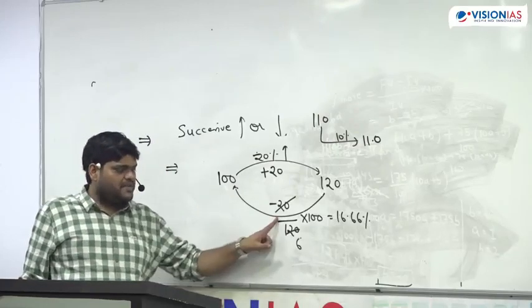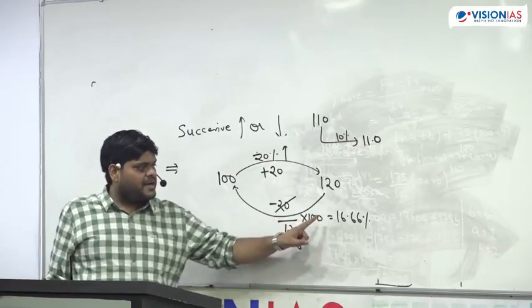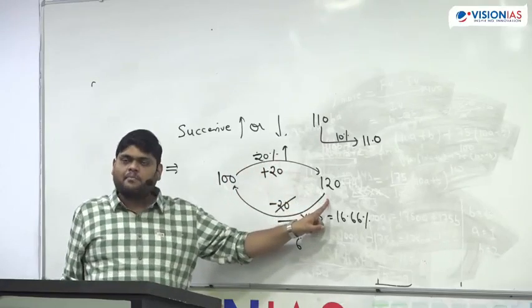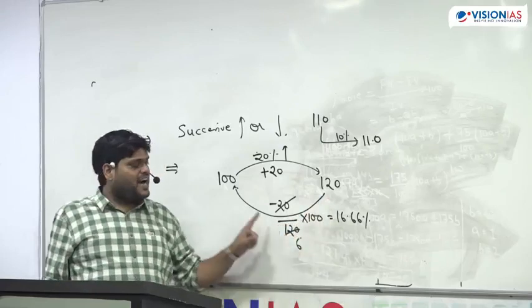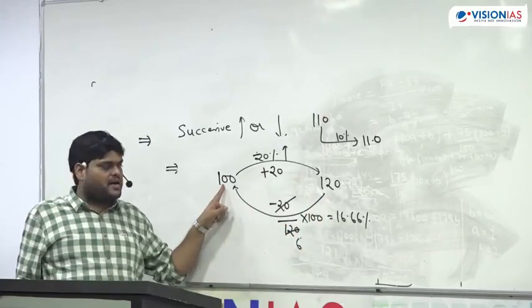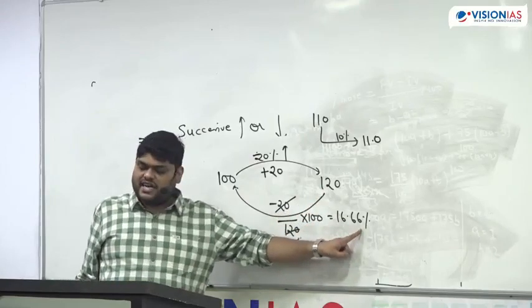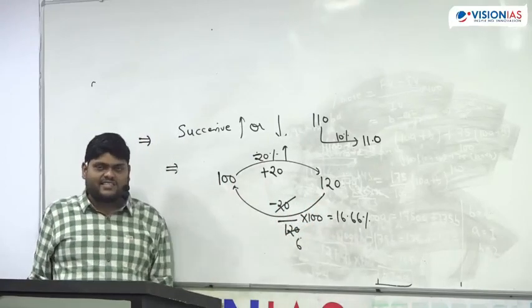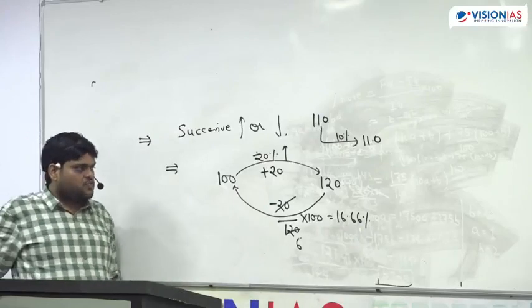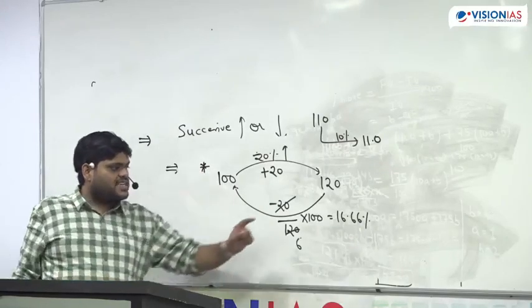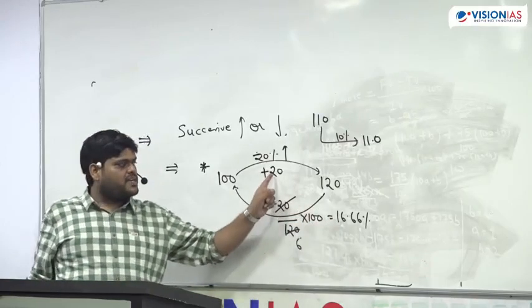So simply we can say, if we increase any number by 20%, the number becomes 120. If we have to come to the original number, we have to decrease this by 16.66% so that we reach the original number. So this is one of the important concepts. And why is the percentage changing? Why not 20%?